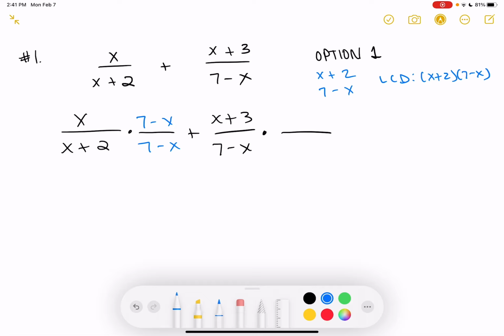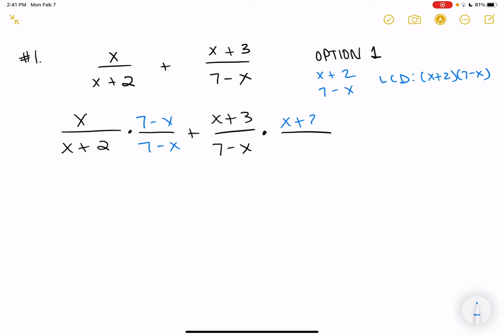And the second one, multiply that by x plus 2 over x plus 2. So that now we actually have that common denominator of x plus 2 times 7 minus x.